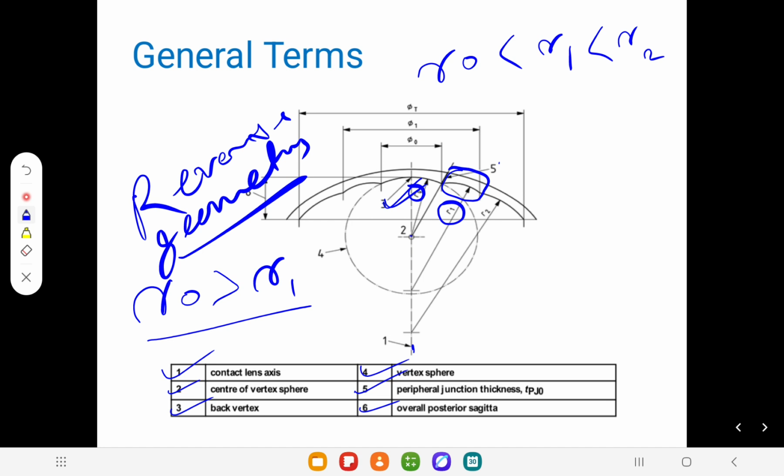Reverse geometry will be better. So why do we call it reverse geometry? Because normal is this: r1 is greater than r0, and r2 is greater than all. But if the second curvature is steeper than the first curvature, the base curve, it's called reverse geometry. You will see this case a lot.